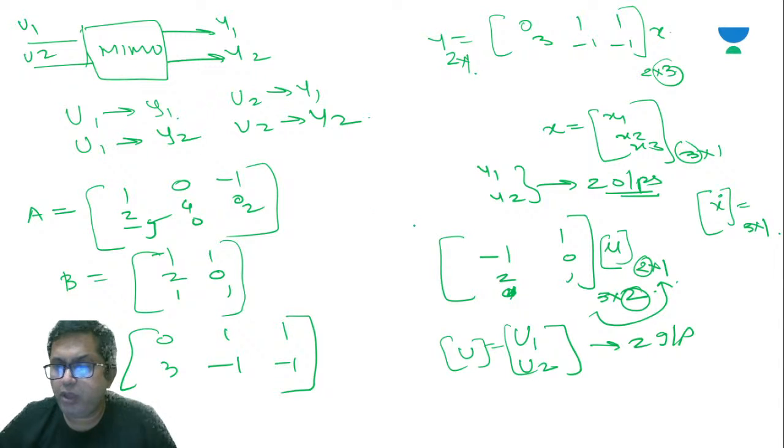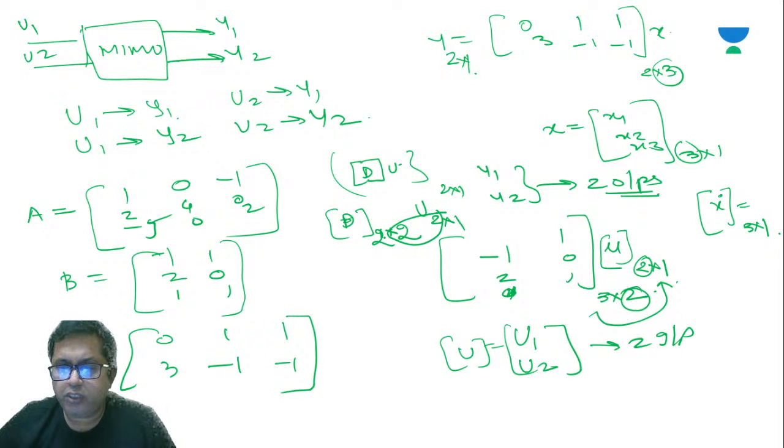D into the U matrix should be 2 by 1, and U is 2 by 1. So the D matrix will be 2 by 2, all zeros.